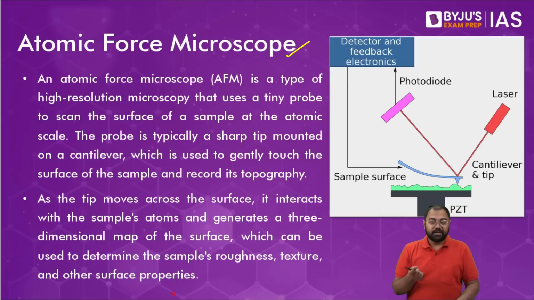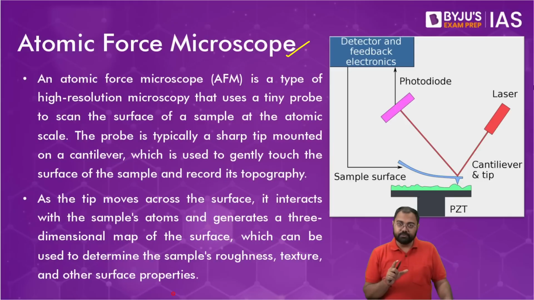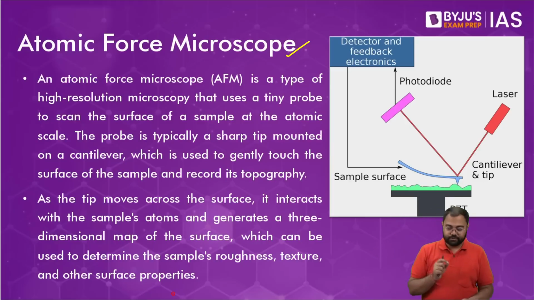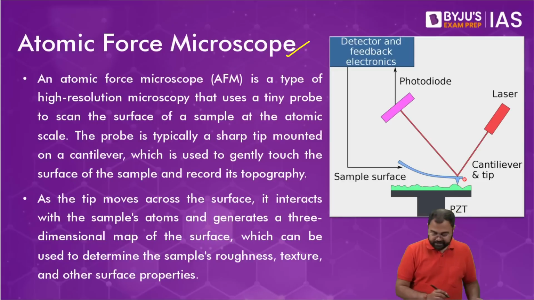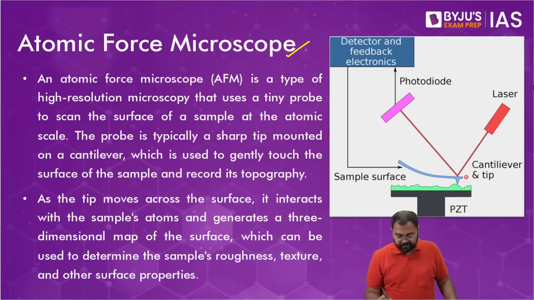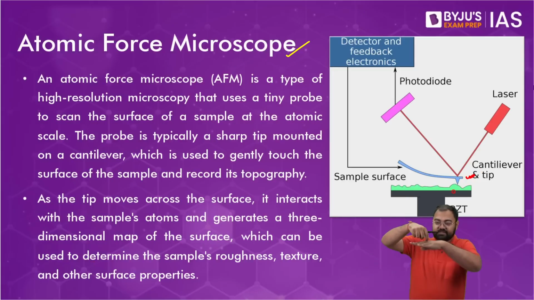That is where another microscope comes in useful, the atomic force microscope, where, as you can see, there will be a cantilever and a tip which just scans the surface. It runs over the surface, and as it scans, it is able to analyze what the surface is.